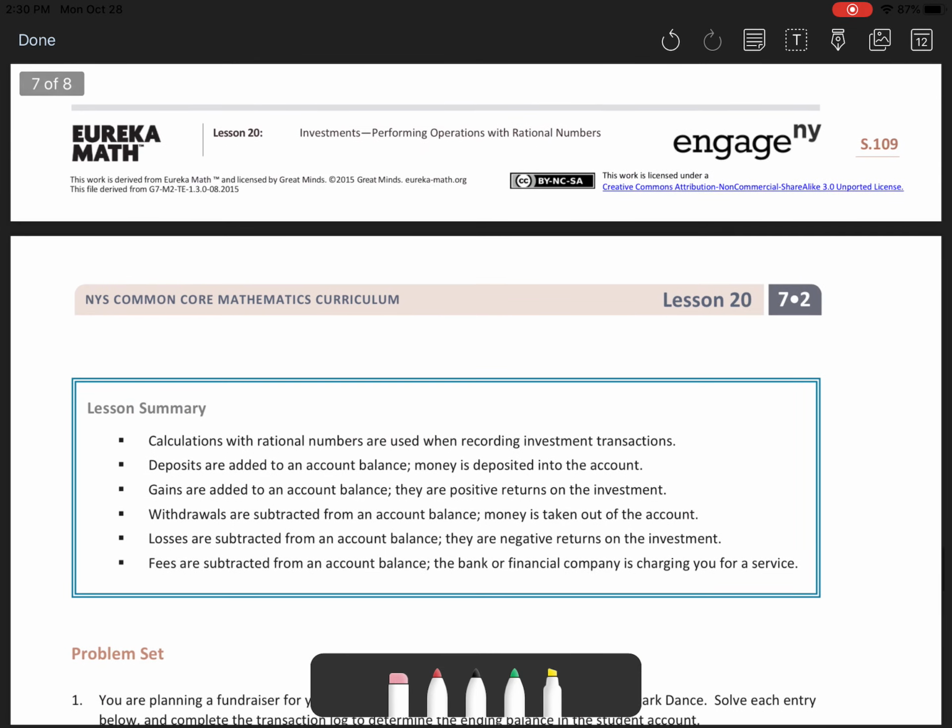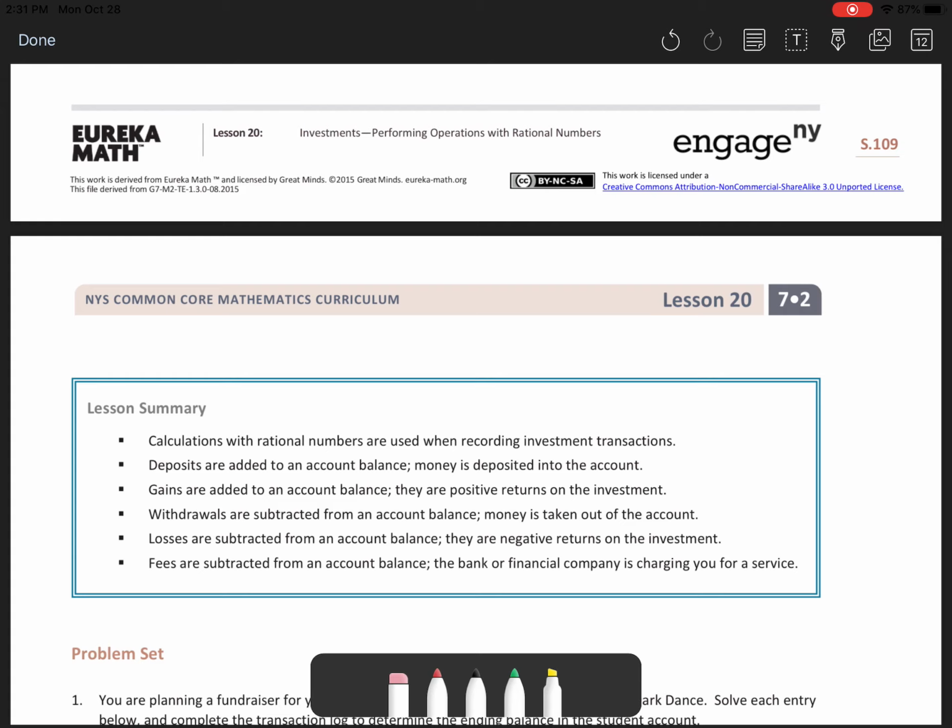So that is our lesson summary for today. Remember that these are rational numbers, and these are used when recording investments and transactions. These calculations are with real numbers. Deposits are added to the account balance. Money is deposited.